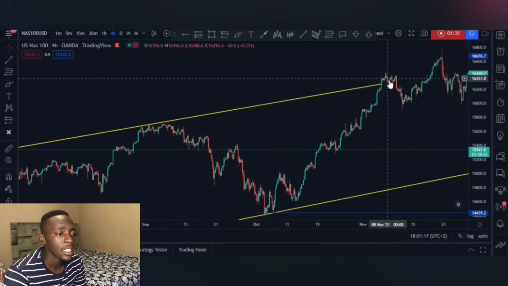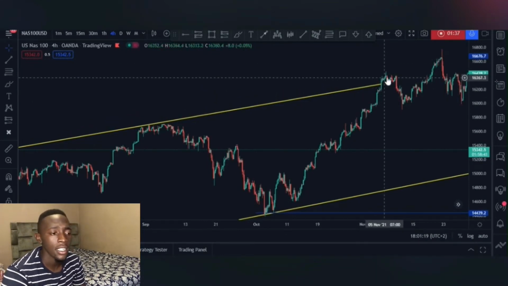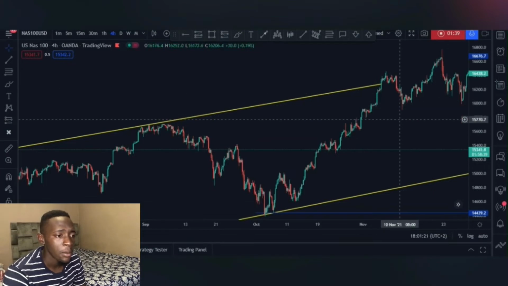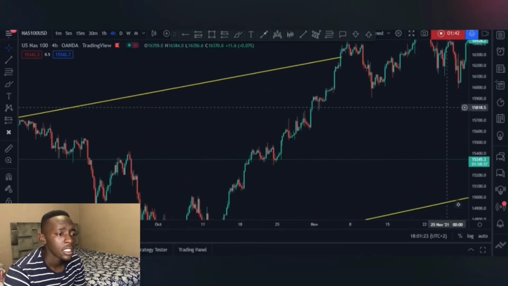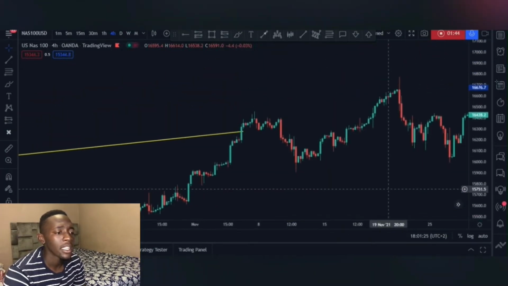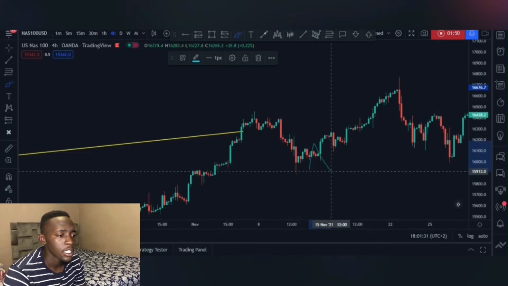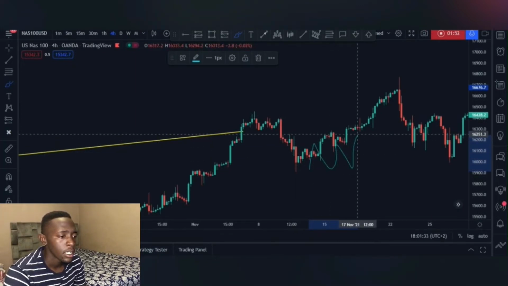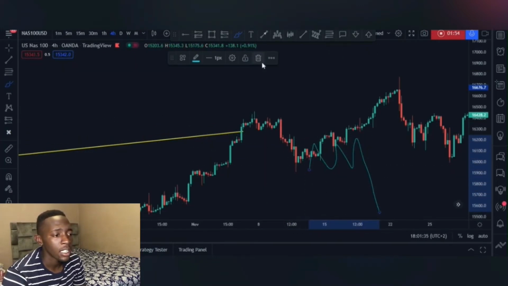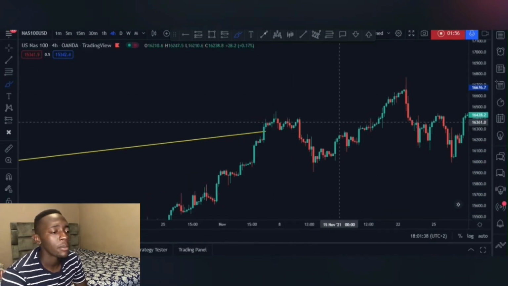Price came here, created this little correction, and then fell to the downside, but price went up again. Now, when price fell to the downside, I was expecting something like a correction and then a continuation to the downside, but obviously that didn't happen.